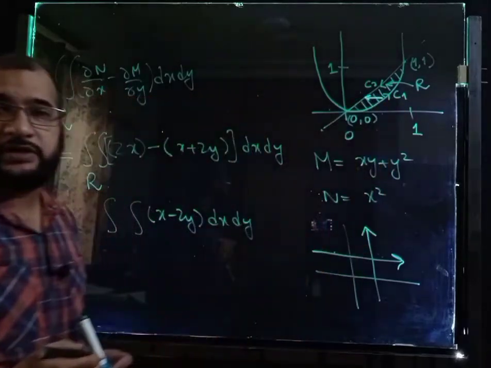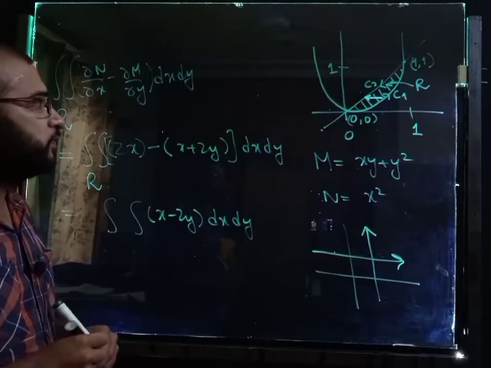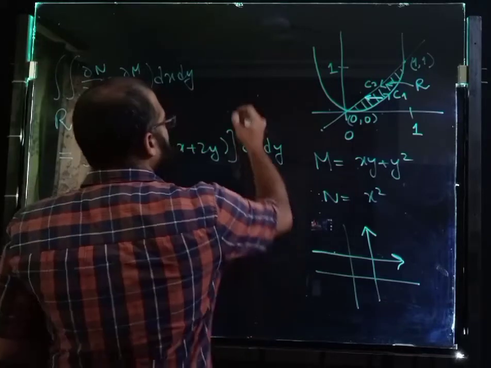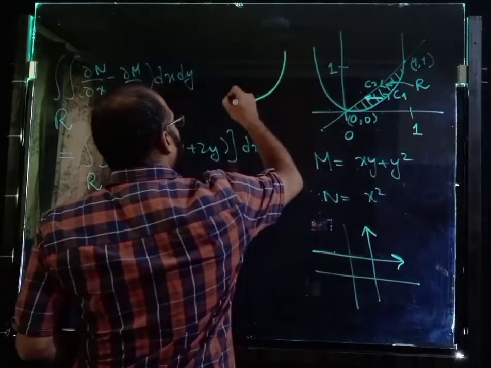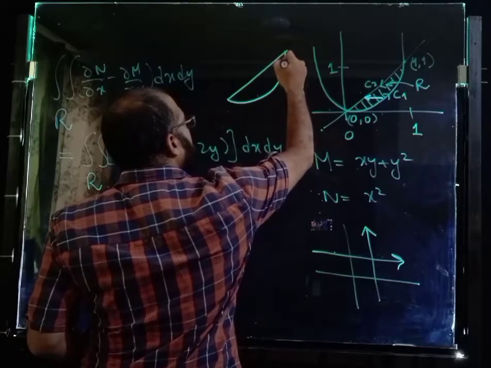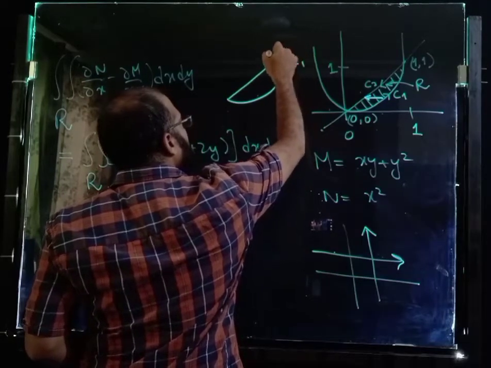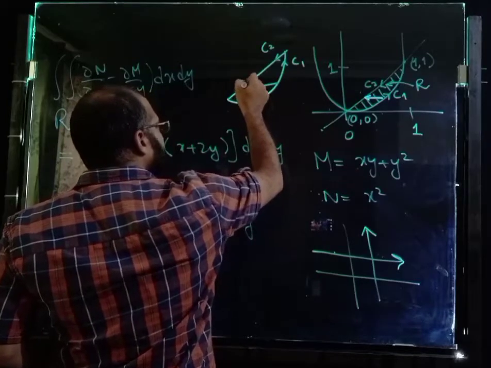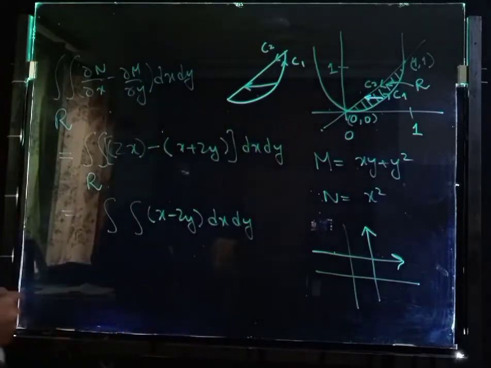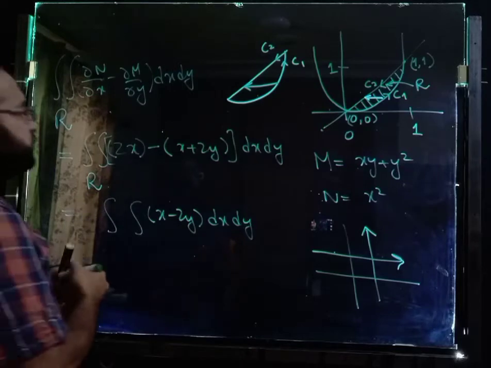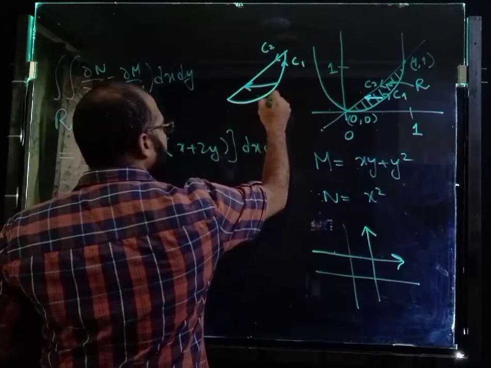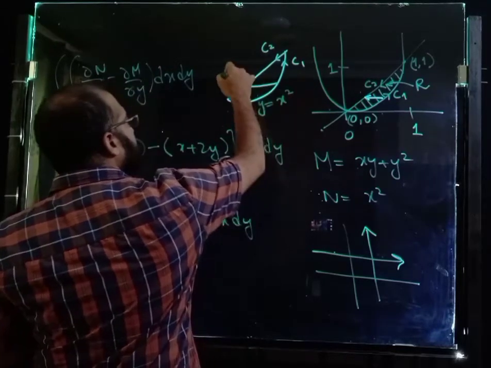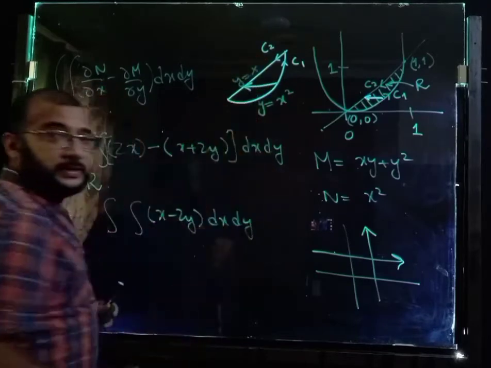This is C1, this is C2, and from C1 to C2 I have this direction. So it means this curve is y equal to x square and this curve is y equal to x.